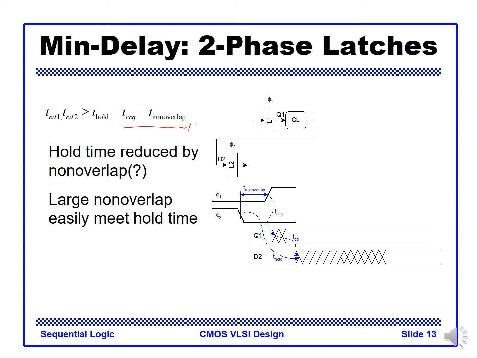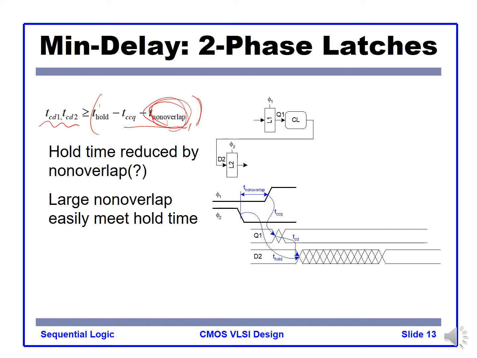From this equation, we can see that if we have a larger non-overlapping time, then the minimum contamination delay gets smaller. So the hold time violation: the actual hold time is reduced by this non-overlapping period, the larger non-overlapping.